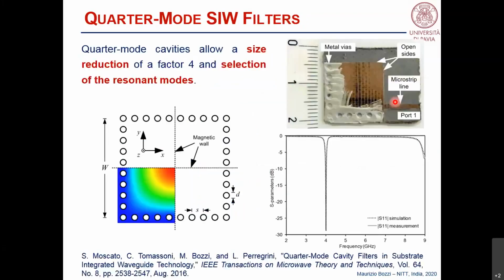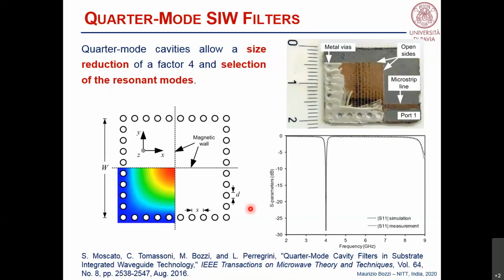So instead of the entire structure, we get only 1/4. And this means that we have the fundamental mode operating at the same frequency, but with a times 4 reduction in the size. And we also eliminate some of the higher order modes that could create some spurious response in the filter.